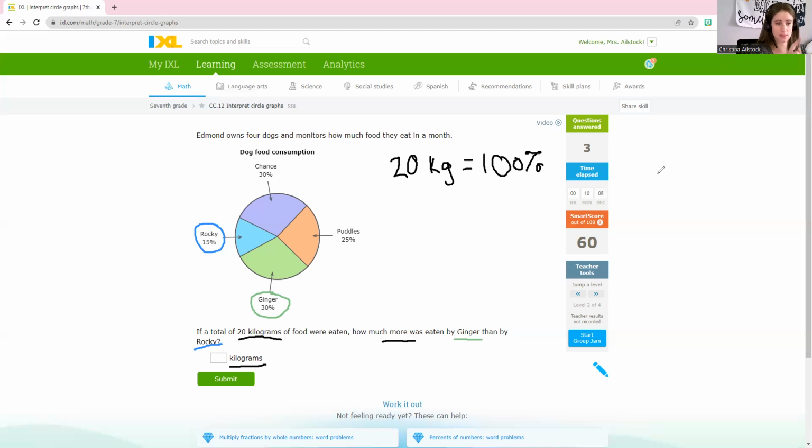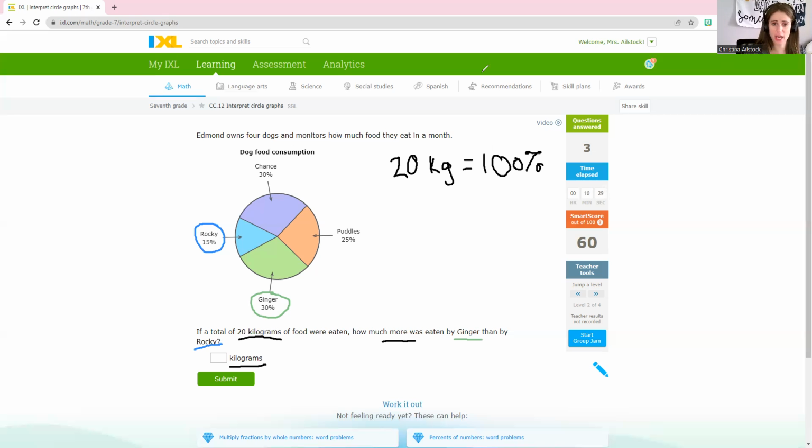That's all that was eaten. So we need to find how much Ginger ate and how much Rocky ate. Well, this kind of brings us back to when we've worked with percentages in the past, and we need to find for Ginger, since she ate 30%, what 30% of 20 kilograms is.